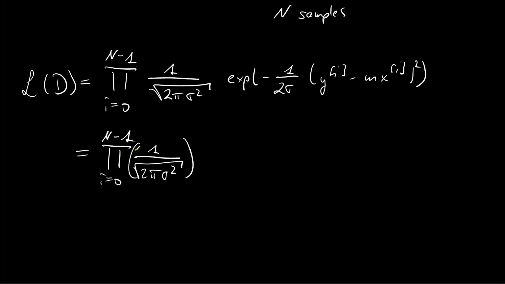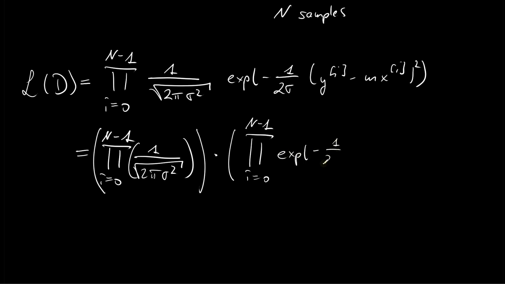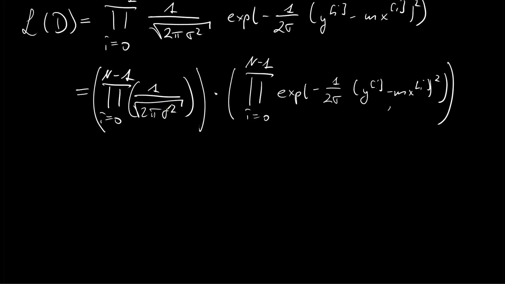Let me apply a bracket here, and maybe some more brackets here. And then we have another bracket with a product from i=0 to n-1 over the exponential of minus 1 over 2 sigma, and then (yi minus m times xi) in brackets squared. And then let's first evaluate this.